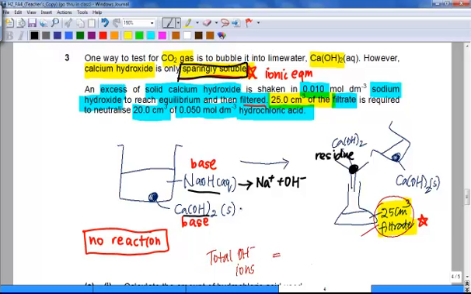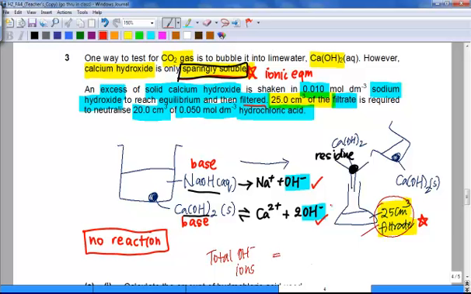So when you dissociate calcium hydroxide, it must be through a half arrow, and it will give you Ca²⁺ plus 2OH⁻. So you notice that in the solution, the filtrate, you will have OH⁻ from different sources: OH⁻ from NaOH and OH⁻ from calcium hydroxide.